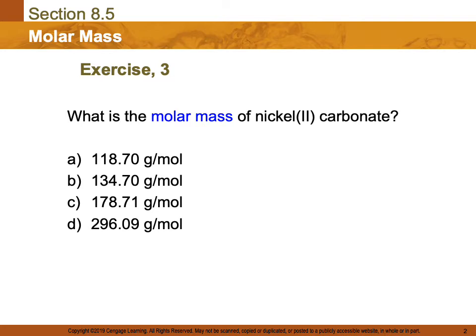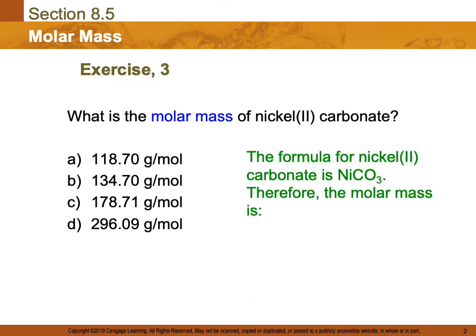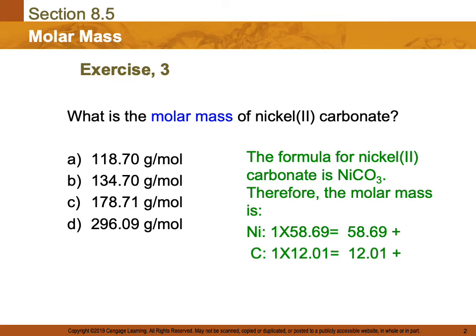So before we begin, let's do one more example calculating the molar mass of a compound. The compound in this problem is nickel 2 carbonate. Nickel 2 carbonate has the chemical formula NiCO3. Therefore, to calculate the molar mass, you will take 1 times the mass of nickel from the periodic table, which is 58.69 grams per mole, plus 1 times the mass of carbon from the periodic table, which is 12.01 grams per mole, plus 3 times the mass of oxygen from the periodic table.